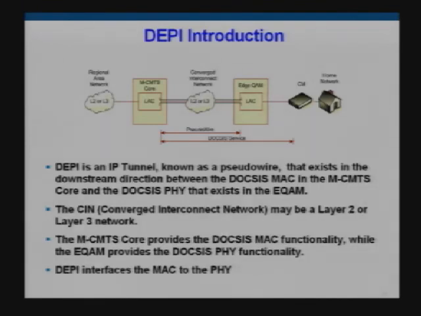And the way the DOCSIS layer 2 frames are transported from the MCMTS core to the EdgeQAM is, on the MCMTS core side, the frames are encapsulated into L2TPv3 format, then encapsulated over an Ethernet frame and sent across this link.